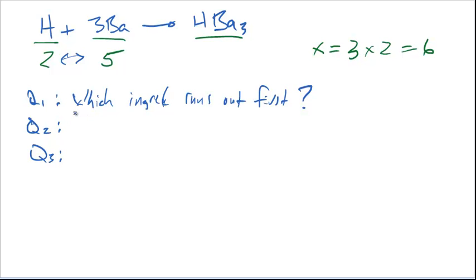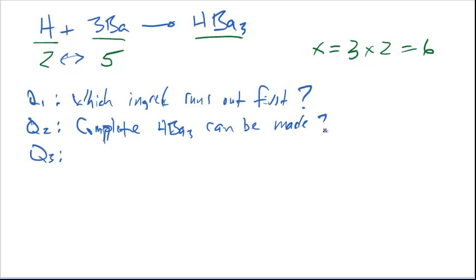The second one is, how many complete bacon burgers can be made? Okay, so that's key. And then finally, and this is a little bit secondary, it'll be obvious once we find the answer to the first question, but we will be asked which ingredient was in excess.